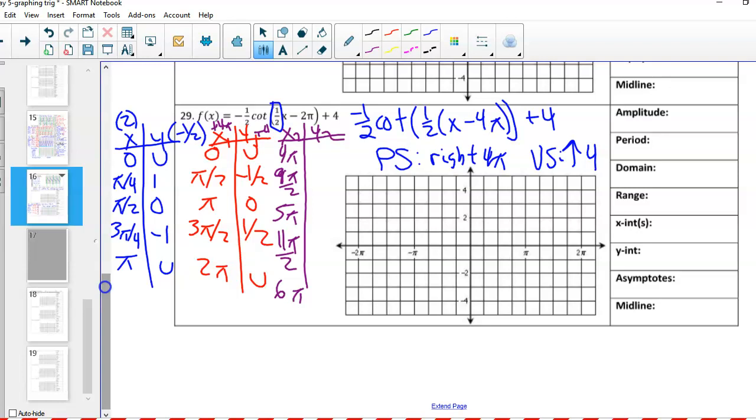That's 16. So undefined stays undefined. And then we are adding 4 to -1/2, so 3.5. And adding 4 to 1.5, 9 halves or 4.5.